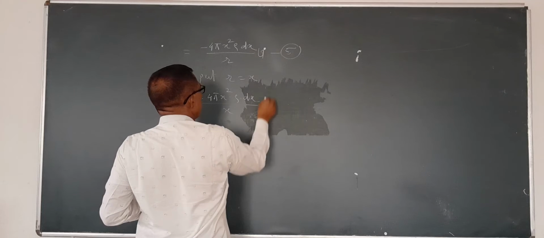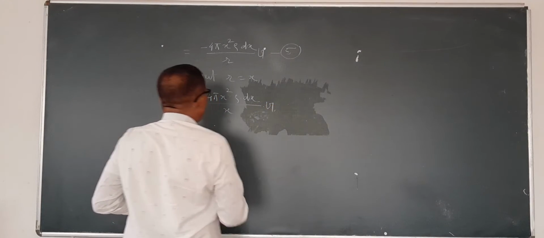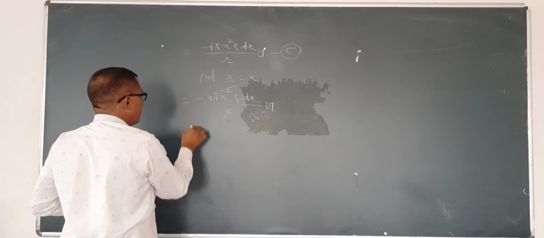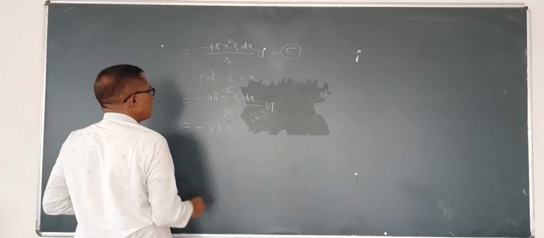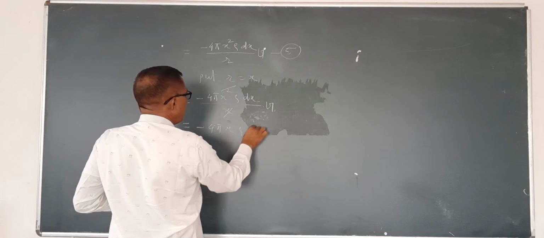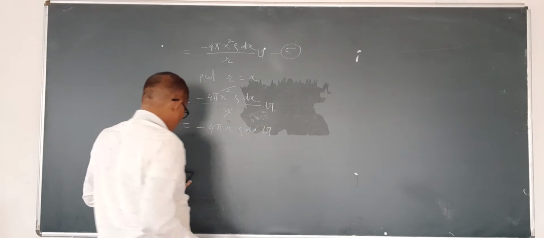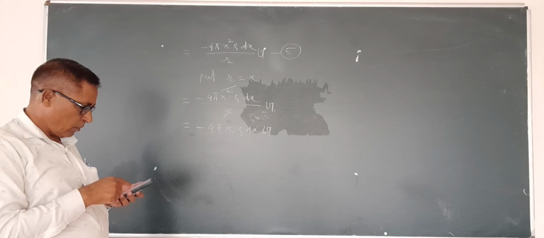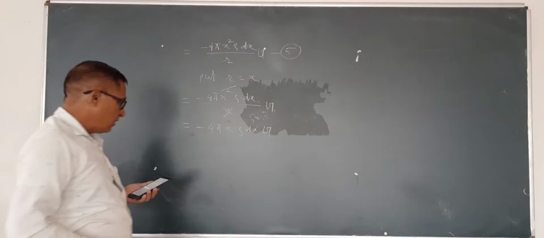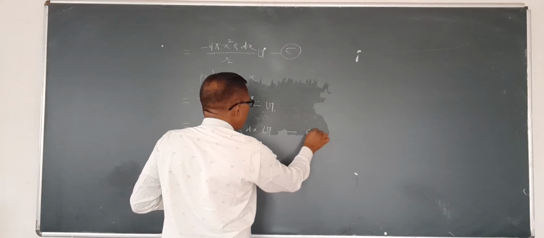Here it is z and here g. Therefore, this x gets cancelled with this, and now it is minus 4 pi x rho dx into g. This equation is equation number 6.